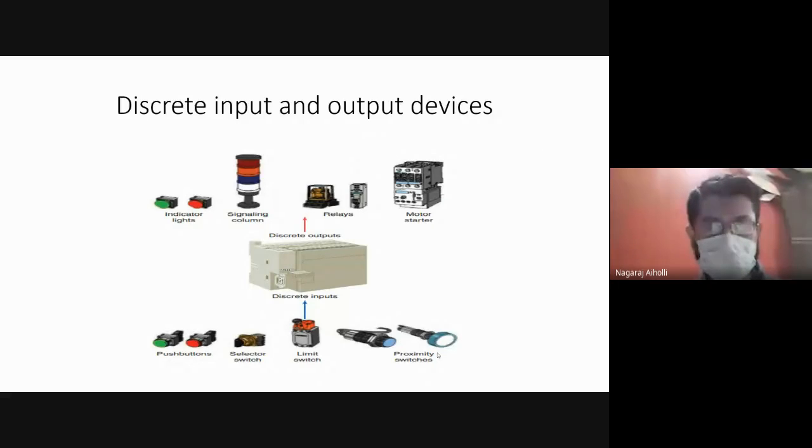What is the meaning of proximity? Proximity means nearness. Remember, the meaning of proximity is nearness. So depending on the distance between the object and the switch, you want to control the field device, the input device.